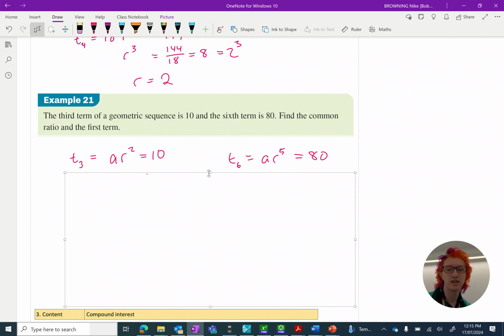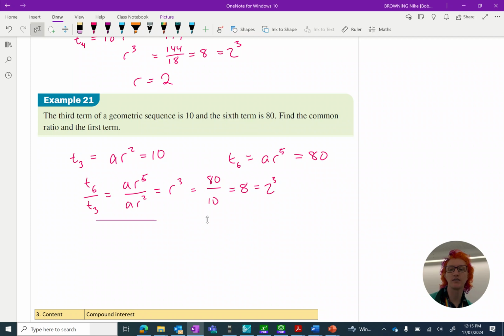T6 is equal to A times R to the 5, and that's equal to 80. A simple way to get rid of the A is to divide T6 by T3. A R^5 divided by A R^2 is R cubed. 80 divided by 10 is 8, or 2 cubed once again. Therefore, r is equal to 2.